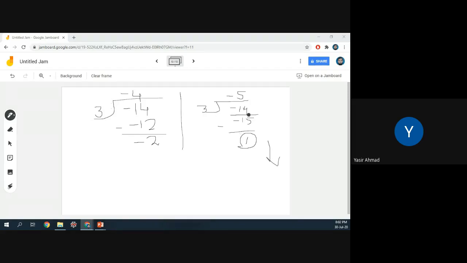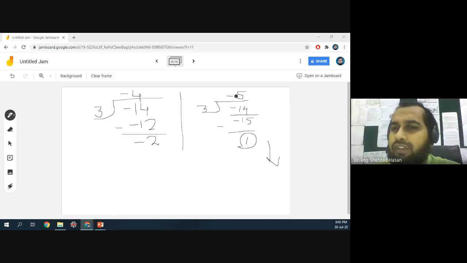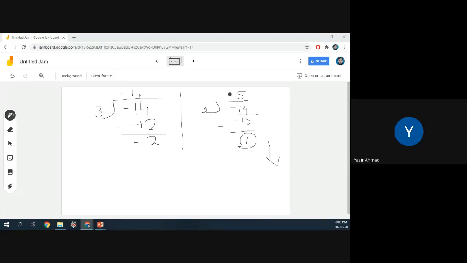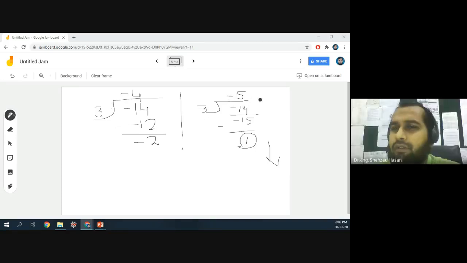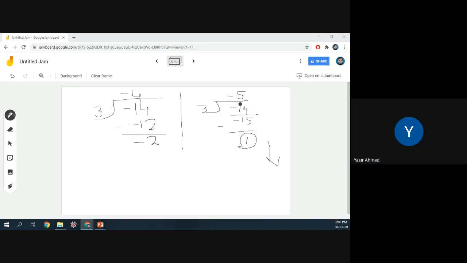Otherwise, the remainder will be on the higher end. The quotient sign and the dividend sign can be the same as well. Like this, in this case, they are both negative. No, sir, I'm talking about -14 and -15, that these should not be the same.